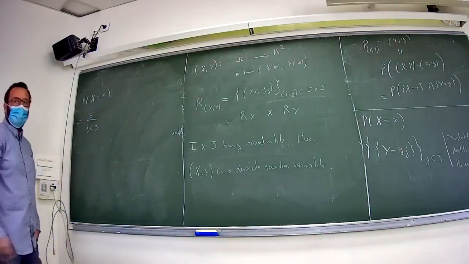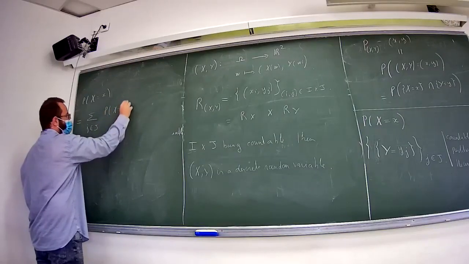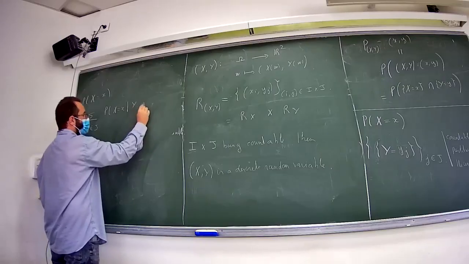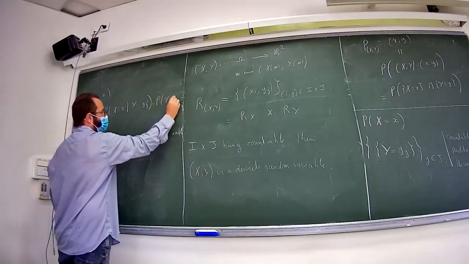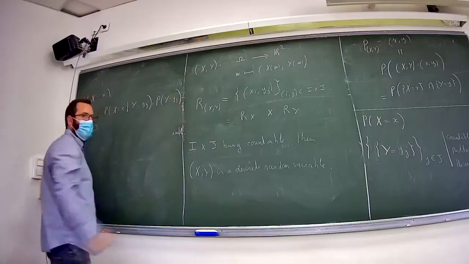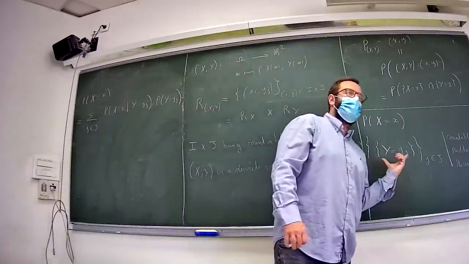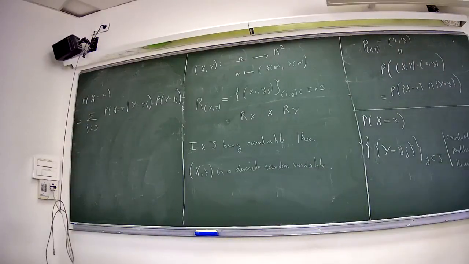The sum of the probability that X is equal to small x, given that Y is equal to yj, times the probability that Y is equal to yj. It's the law of total probability applied to this partition of my universe.